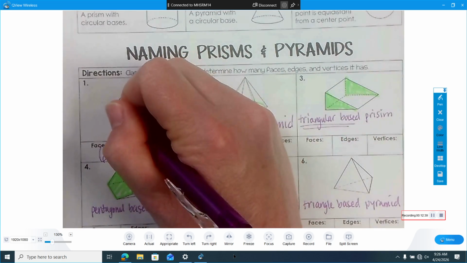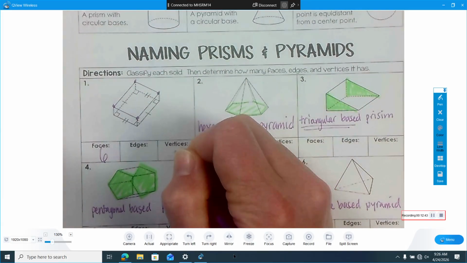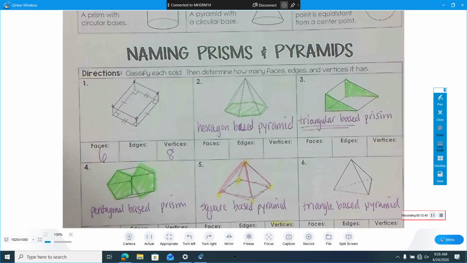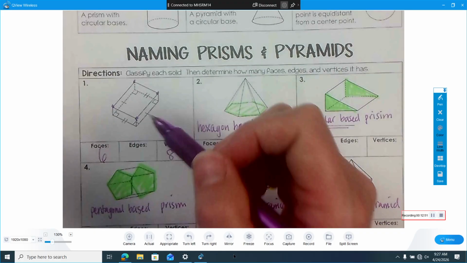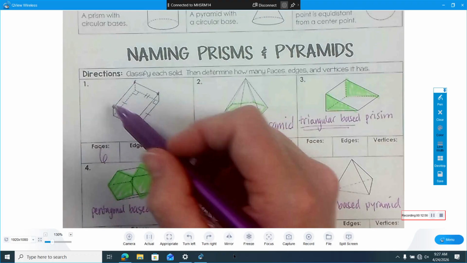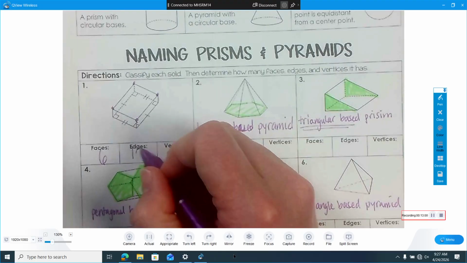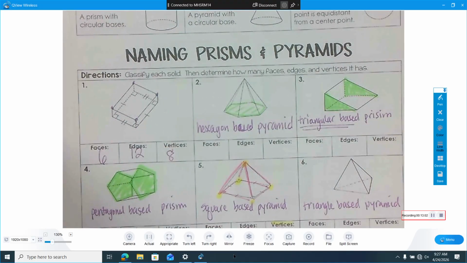It's got the 1, 2, 3, 4 vertices on top and 4 on the bottom. So it has 8 vertices. And then how many edges does it have? 12. Very good. We've got 1, 2, 3, 4 edges on top, 4 edges on bottom, and then we have 4 connections. So there's 12 edges.